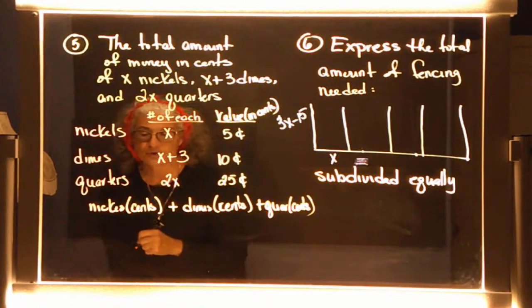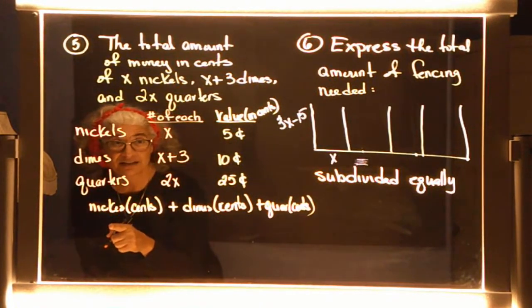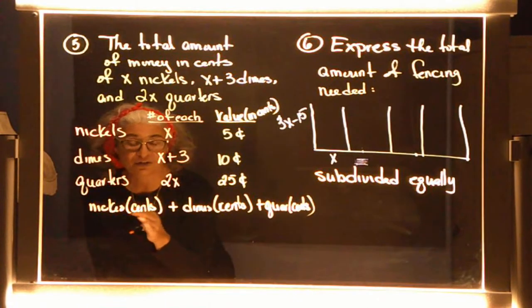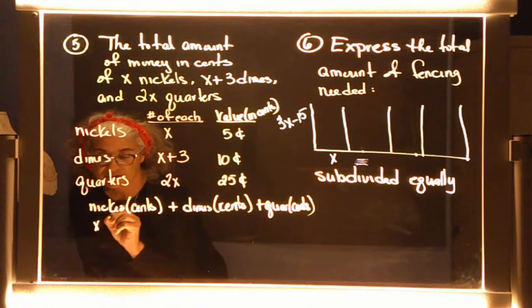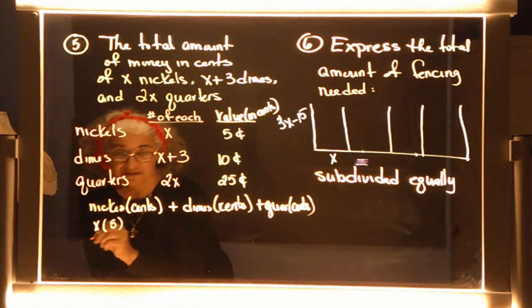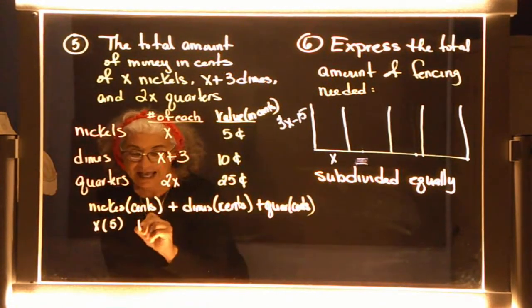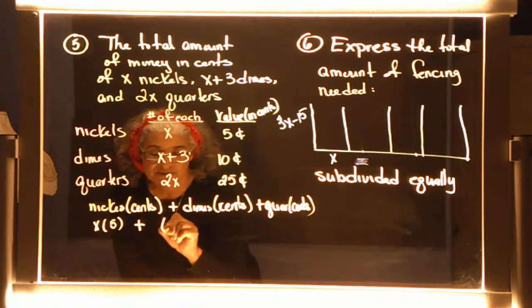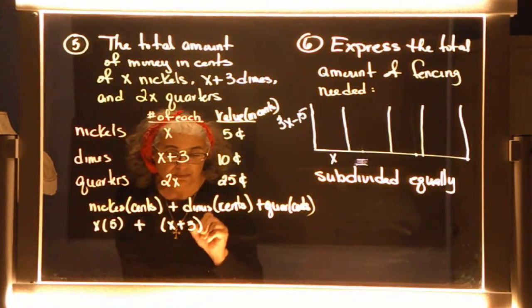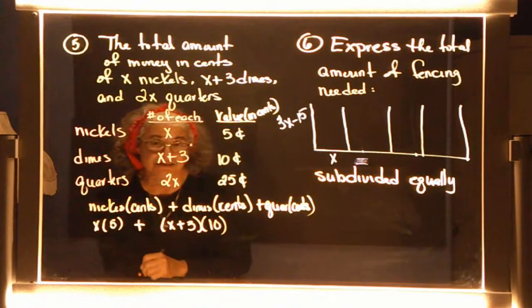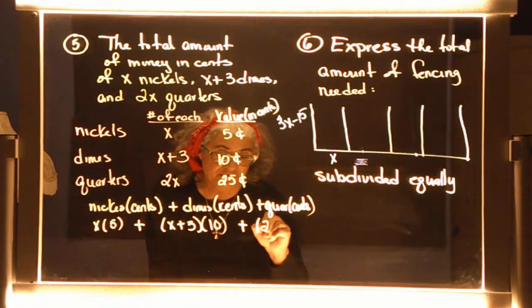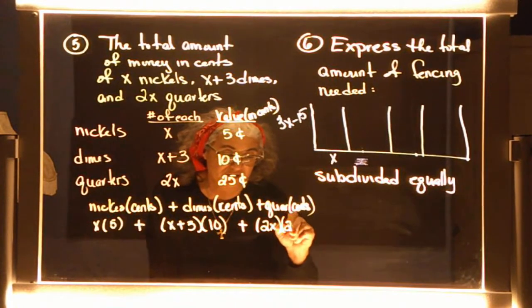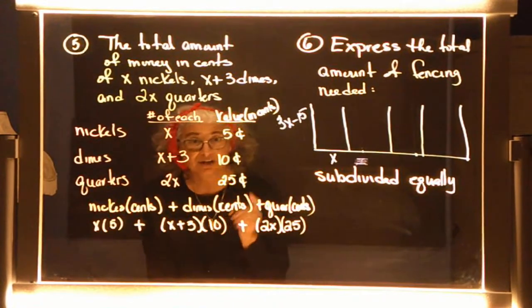Agreed? Okay. So to get the value of the nickels, the total value of the nickels, we're going to take the number of nickels and multiply by that 5 cents, right? Added to the amount of dimes, which was x plus 3, multiplied by that 10 cents, right? And then added to the amount of quarters, multiplied by the 25 cents, right?